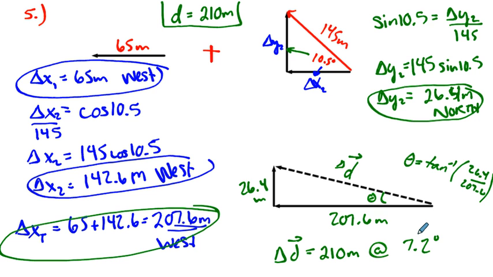You have to be able to figure this out. Not west, okay? If we said west, we would be wrong. There's a westward portion of it, but we have turned towards the north from the west. So we would say north of west. I didn't go west, I went a little bit north of west. How much? 7.2 degrees. There's your displacement.